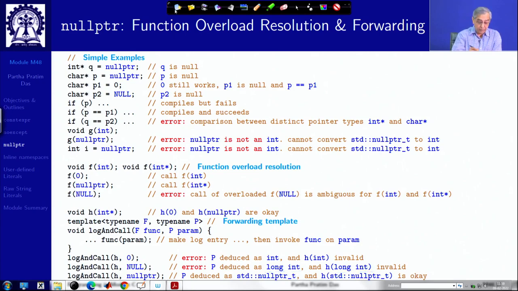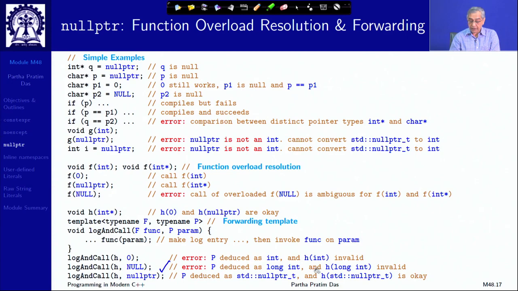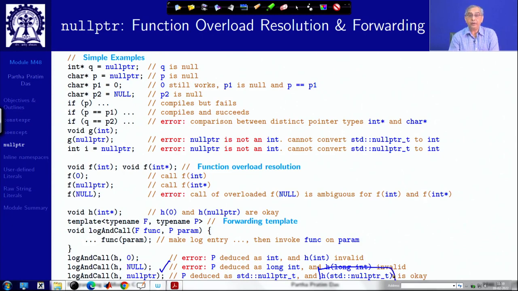But if I call this with nullptr, it correctly succeeds, because then param is deduced as std::nullptr_t type, and therefore the call matches the std::nullptr_t type that you are trying to call, and you have int star which we said can automatically convert.